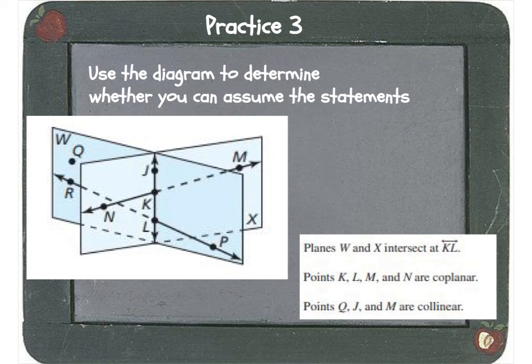All right, next one. Practice 3, use the diagram to determine whether you can assume the statements. So planes W and X, that's this plane and this plane, intersect at KL, that's this line. That's this line right here. That is absolutely true. So we can assume that one.